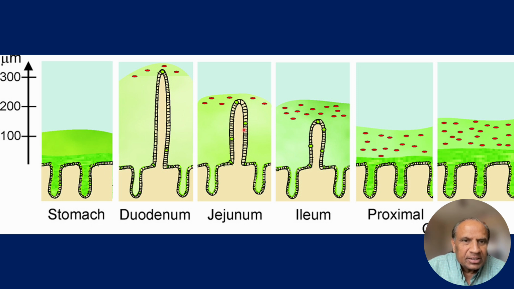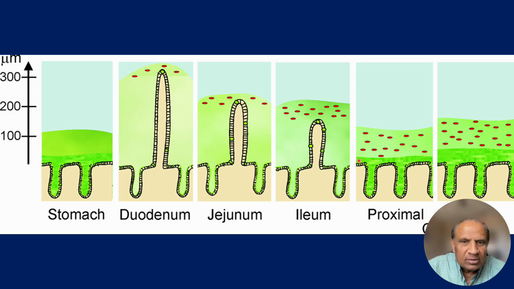Then the middle small intestine called jejunum has a slightly thicker layer of mucus with a little bit more bacteria. The lower part of the small intestine called ileum has almost the same amount of mucus, but a little bit thinner layer on top, with a little more bacteria.